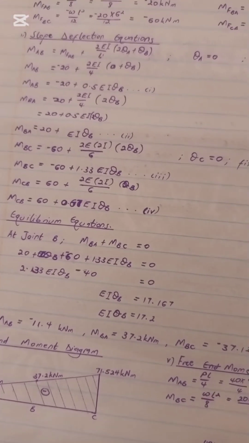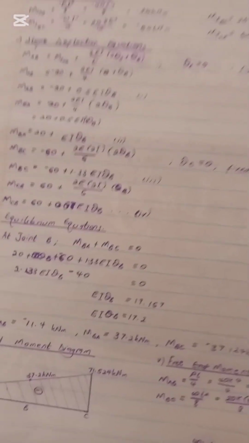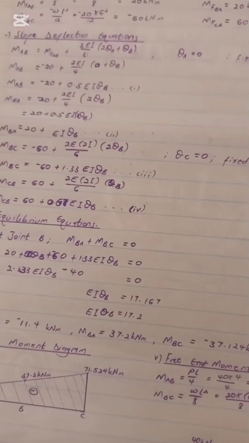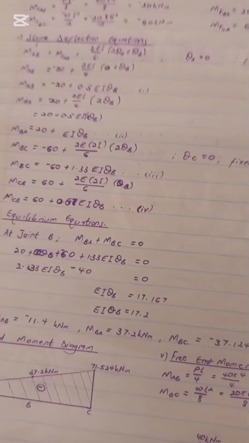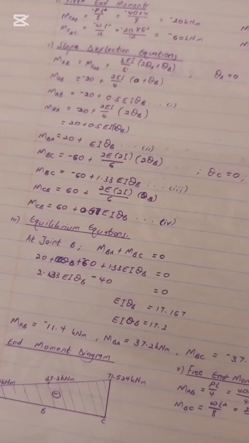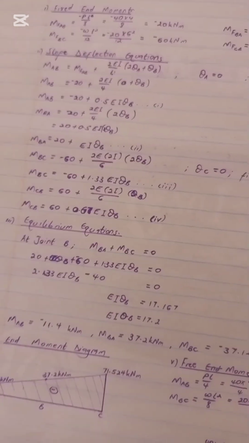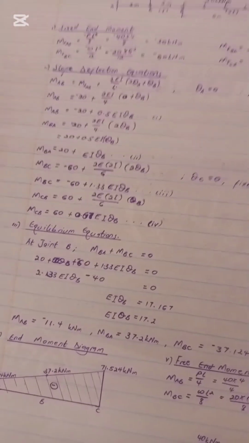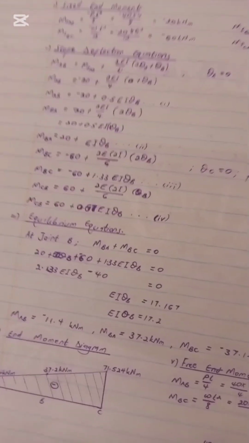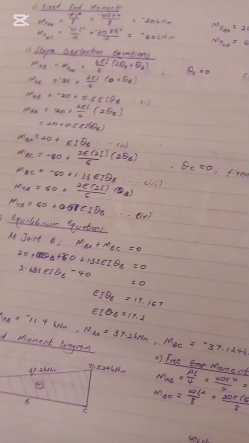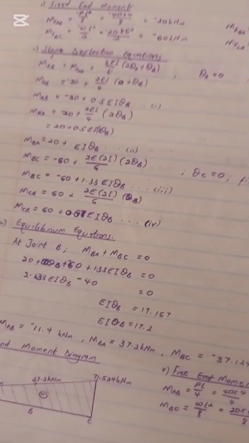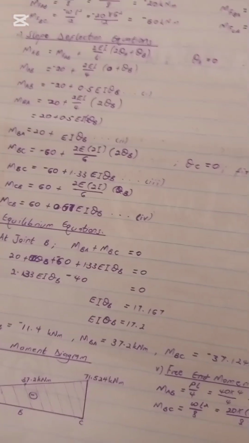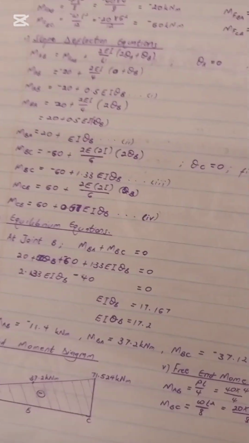You're able to save some time and do this number for 20 minutes. You get it? And in case time elapses before you finalize the number, at least you're able to get marks up to here, which is a great achievement, because the support reactions are only going to help you in finding the SFD, which is the shear force diagram values, and you plot it, which I feel is just time wastage.